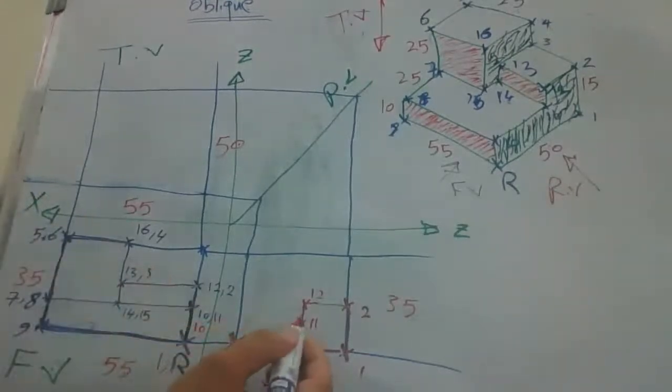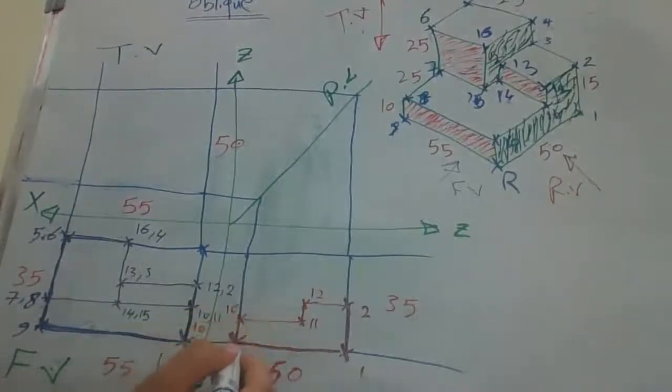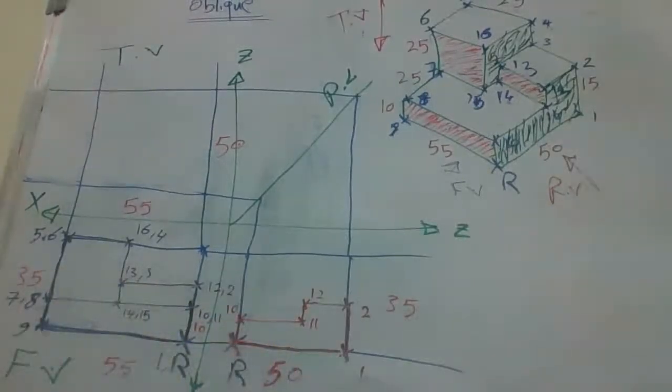And go back to point 10 and turn back to R. This is the first shape from R, 1, 2, 12, 11, and 10.